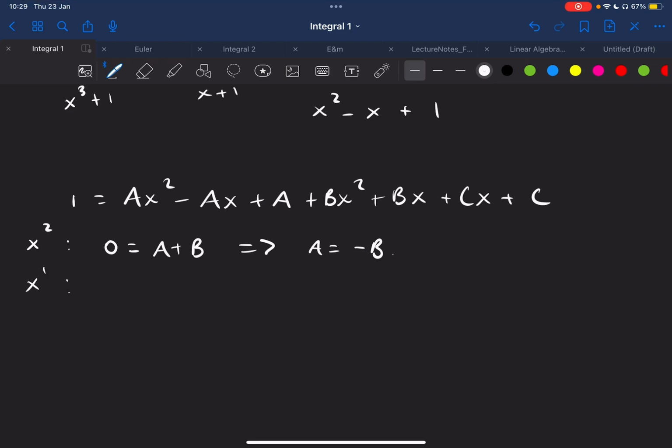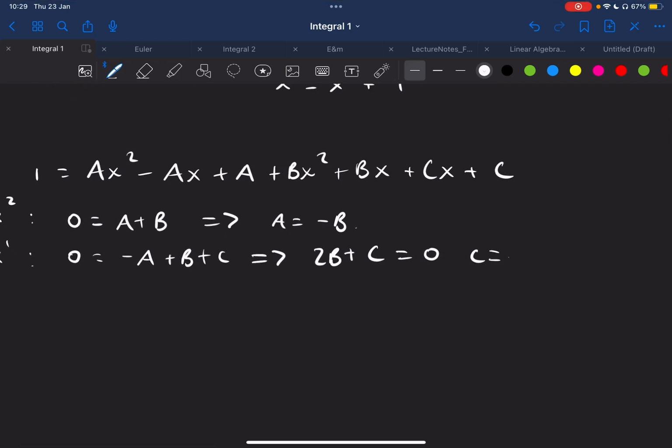Looking at coefficients of x then, we see that 0 is equal to minus a plus b plus c. And this then implies, as a was negative b, that 2b plus c is equal to 0, or in other words, c is equal to negative 2b.